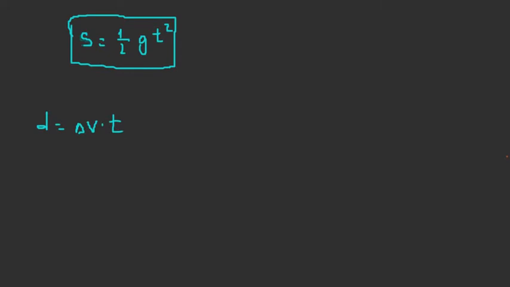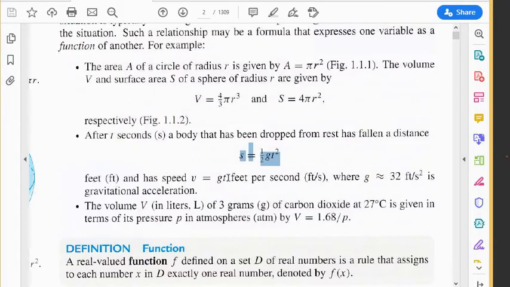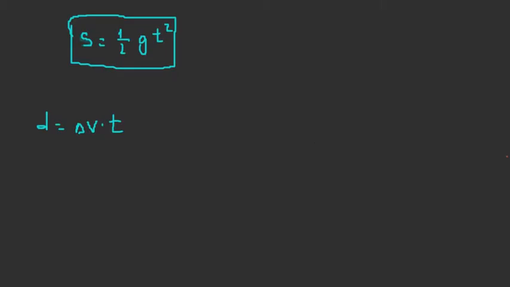But because the body was dropped from rest, we can write the change in velocity as the average velocity through all the path that this body is going to travel, so we can write it as the average velocity times time.